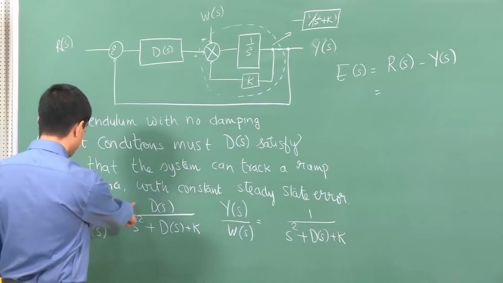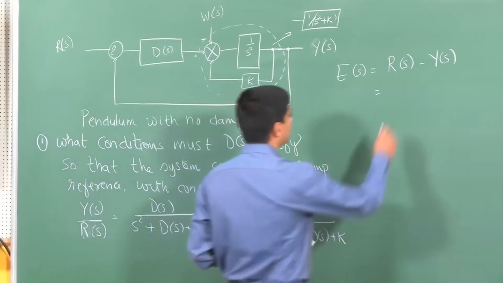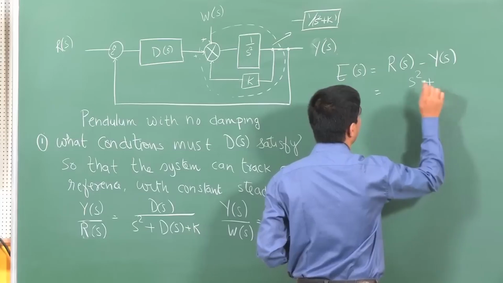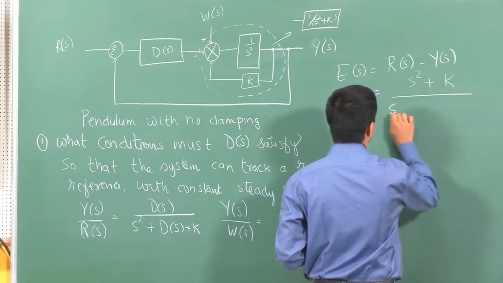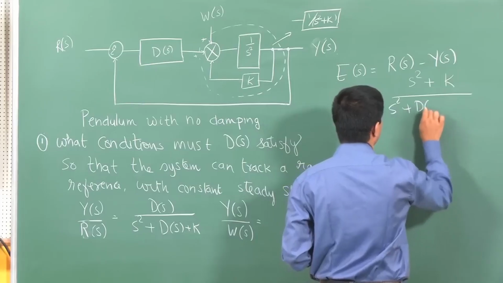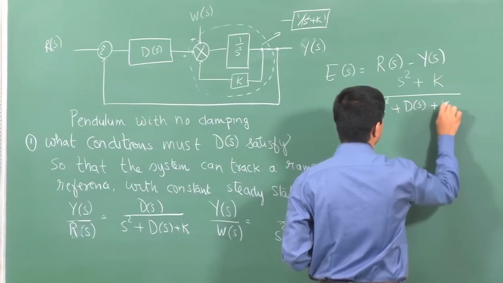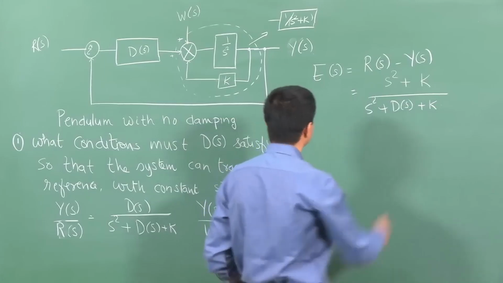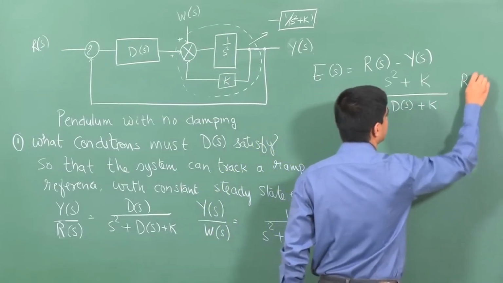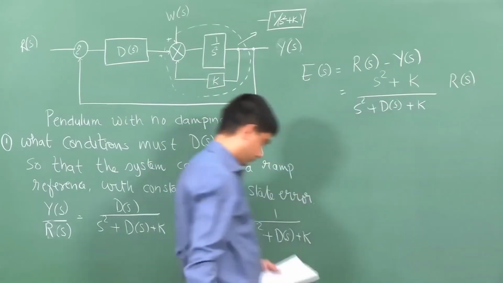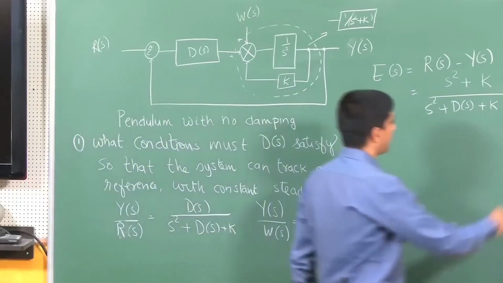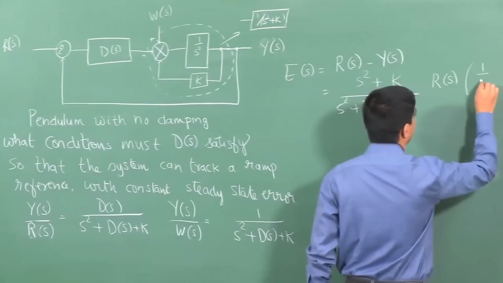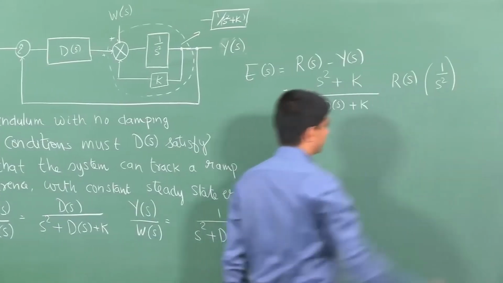So, in this case, the error would simply turn out to be s square plus k over s square plus D(s) plus k, times R(s). Okay, now for a ramp, this would be 1 over s square.